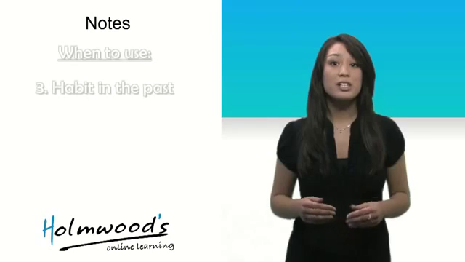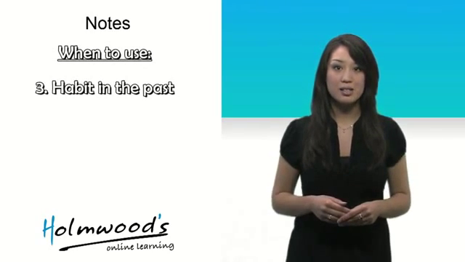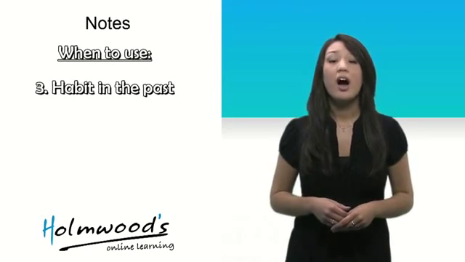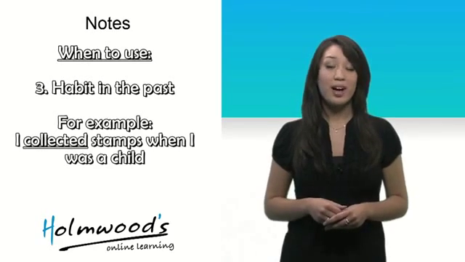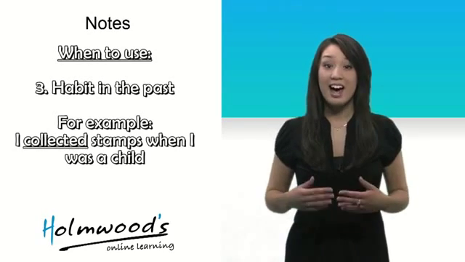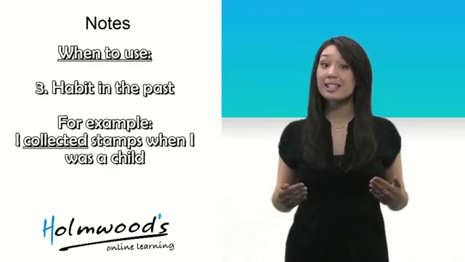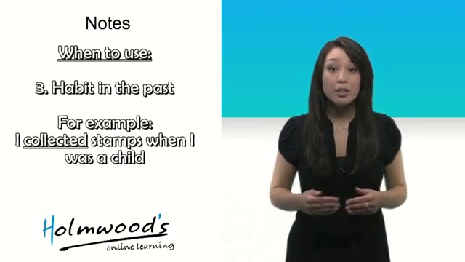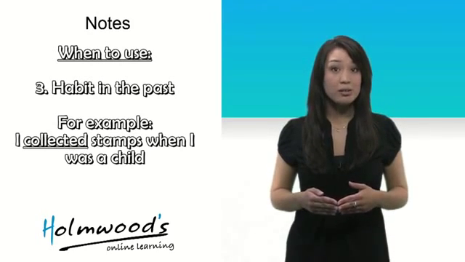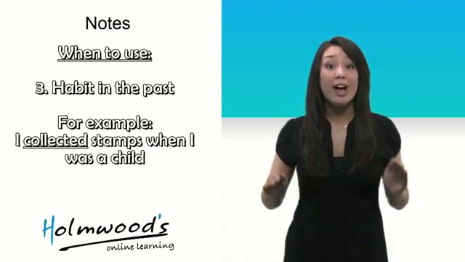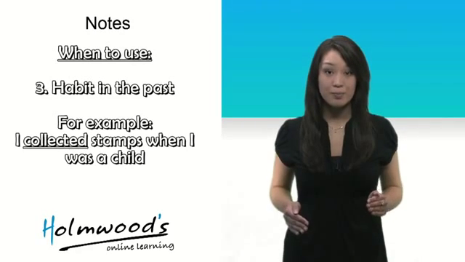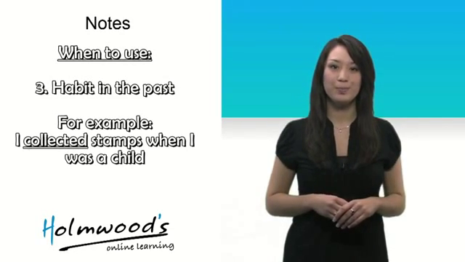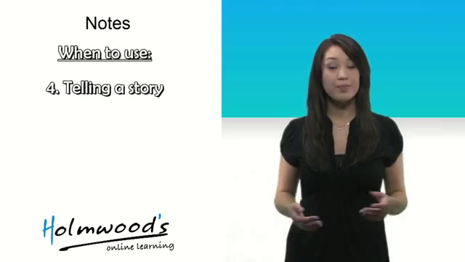Also, use past simple when you express a habit in the past. For example, I collected stamps when I was a child. The habit was to collect stamps. The habit was there for a while, but I no longer have that habit now. Use past simple. Lastly, use past simple when you tell a story.